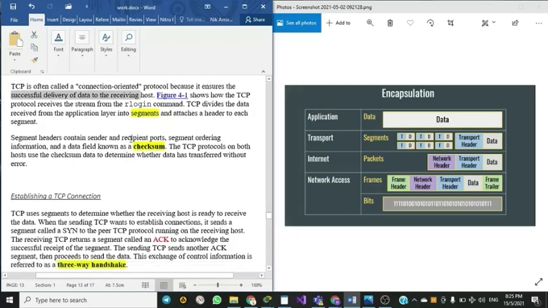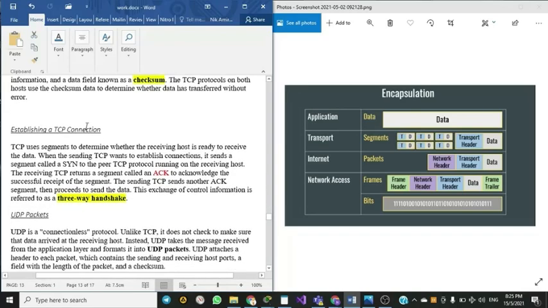error or not. To establish a TCP connection, TCP uses segments to determine whether the receiving host is ready to receive the data. When the sending TCP wants to establish a connection, it will send a segment called SYN to the peer TCP protocol running in the receiving host.